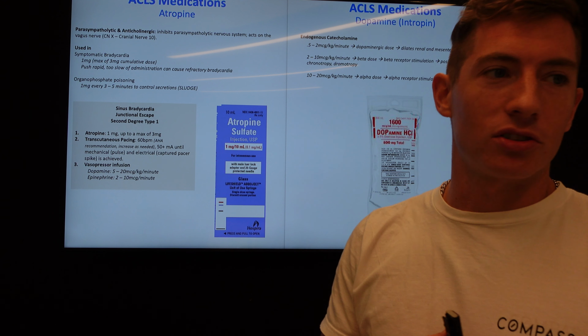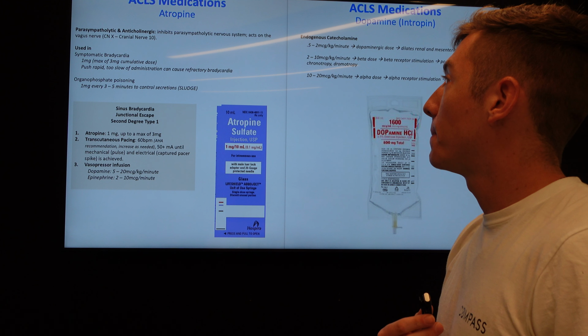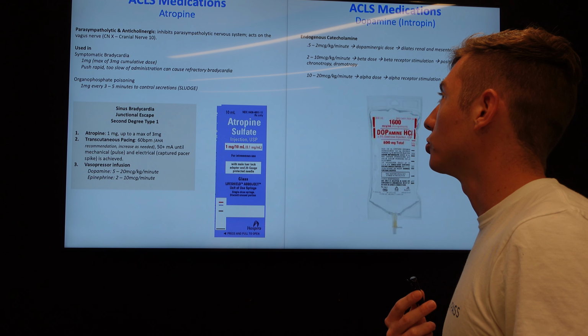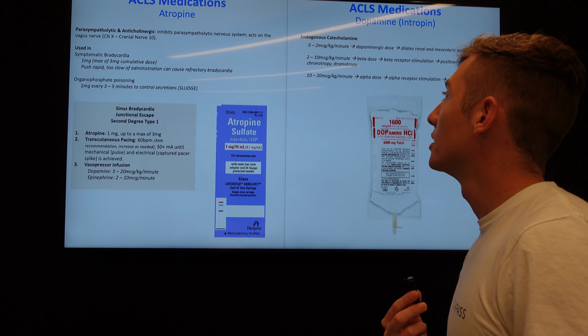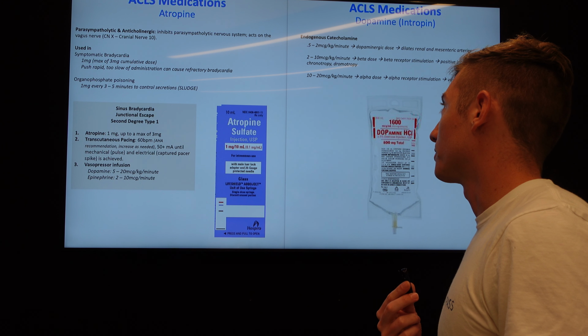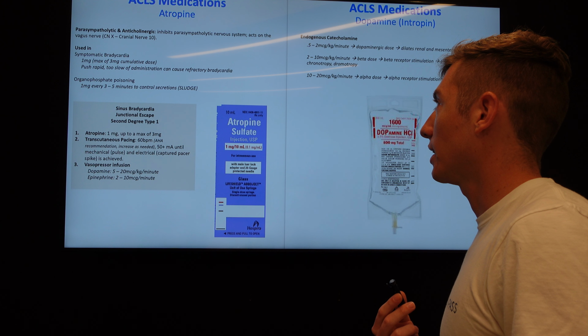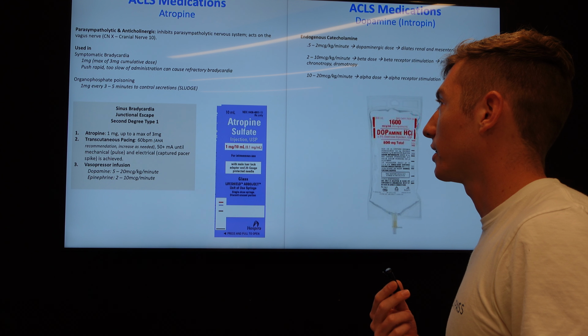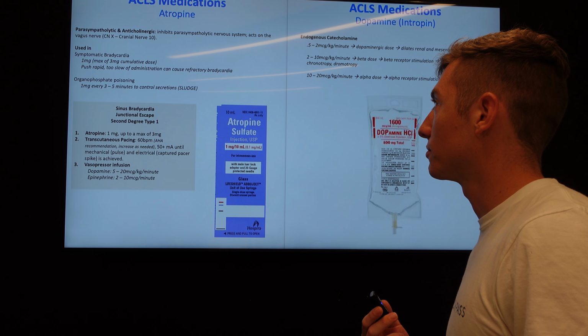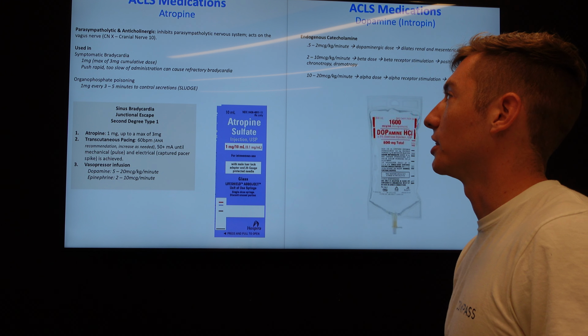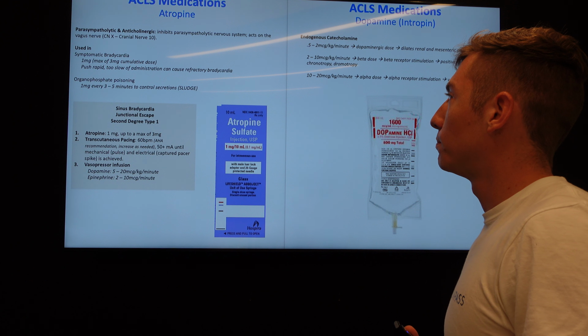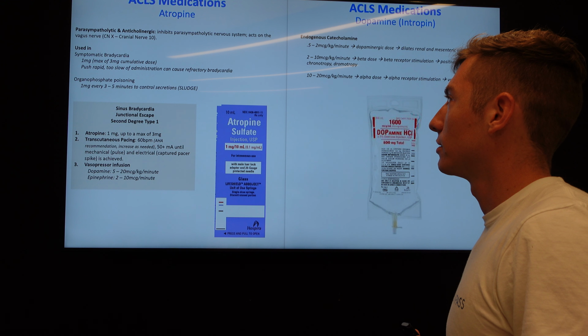We also have atropine sulfate. So this is a parasympatholytic and anticholinergic that inhibits the parasympathetic nervous system, acts on the vagus nerve and cranial nerve. So cranial nerve 10, vagus nerve. Used in symptomatic bradycardia.